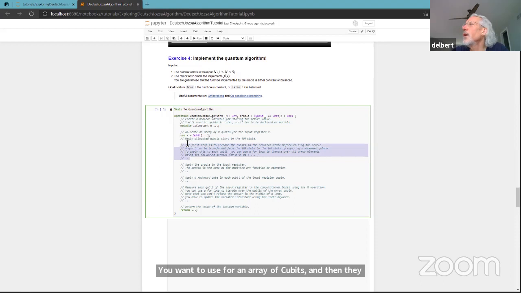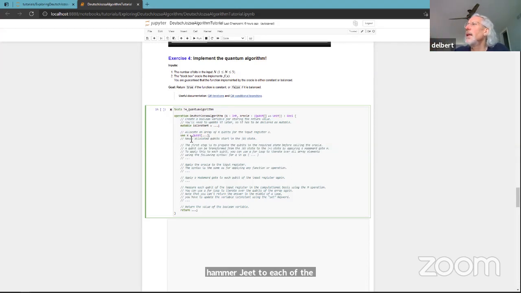So the first thing you have to do is apply the Hadamard gate to each of the qubits in X. Then you apply the oracle to X itself, and then you apply a Hadamard gate again to each of the qubits in this register.